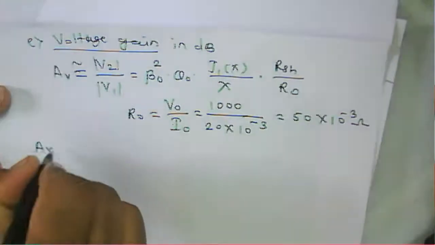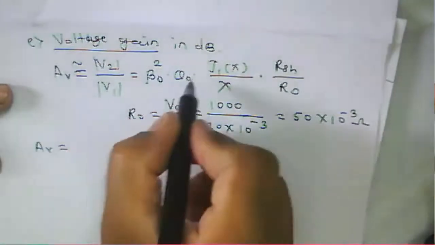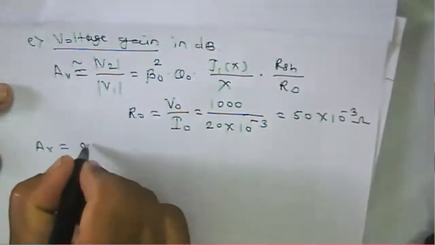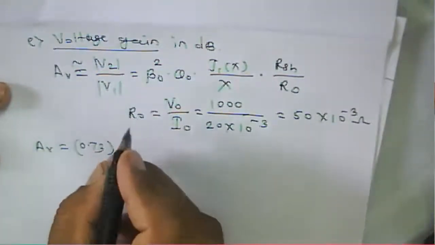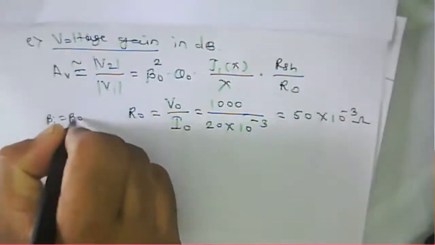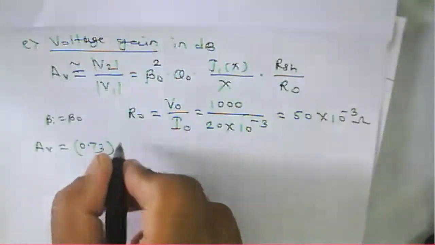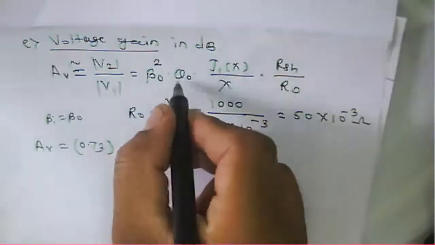Then put those values here in A_V. Beta i is equal to beta 0, and we solved the value of beta i earlier, 0.73.